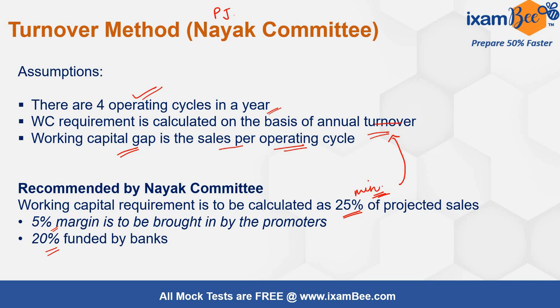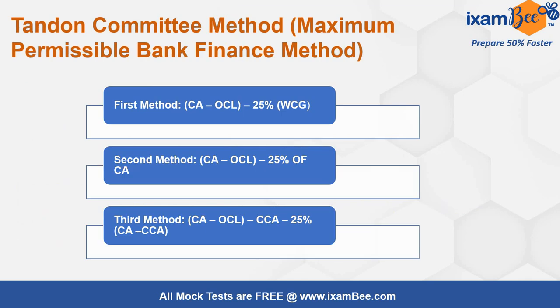So this is one of the methods. The second method was given by the Tandon committee, which refers to the maximum permissible bank finance which the bank can give.